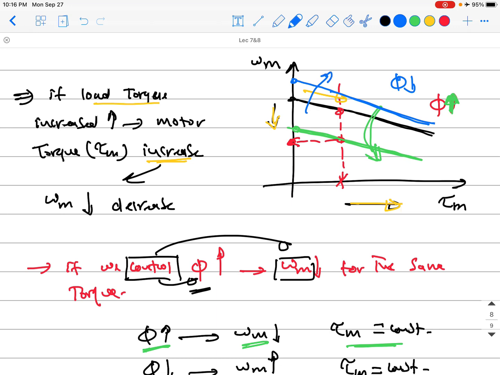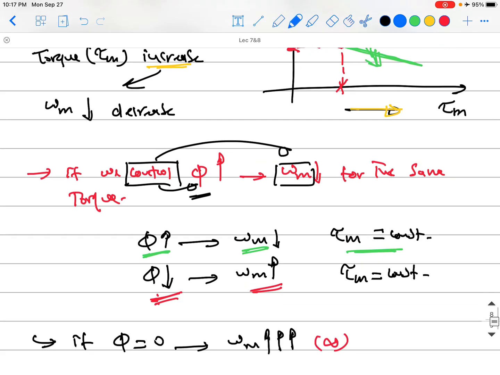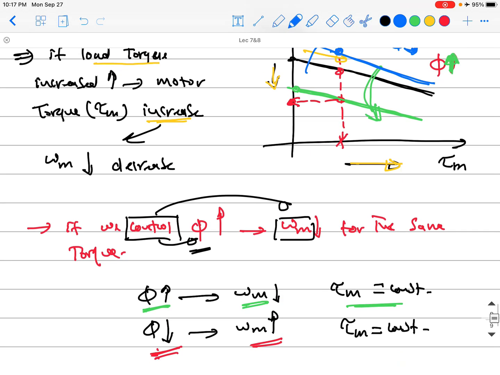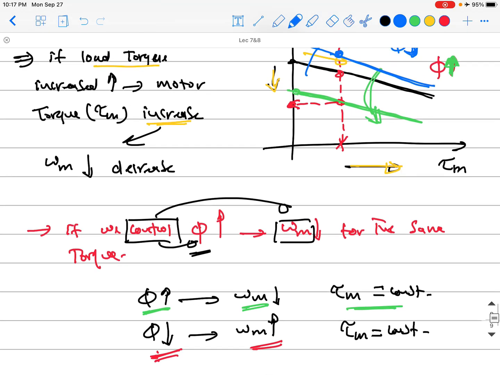Okay, it will go up if you reduce the flux, and that means the speed will increase at the same amount of torque. So that means you are not playing with the torque here, not playing with the load. It is the same load you can supply, but you can supply it at different speeds just by controlling the flux.